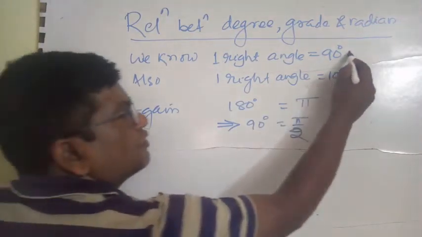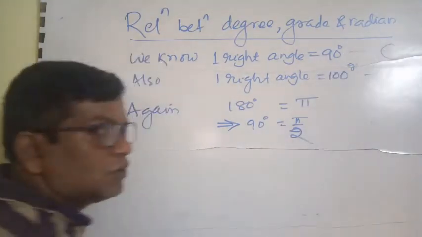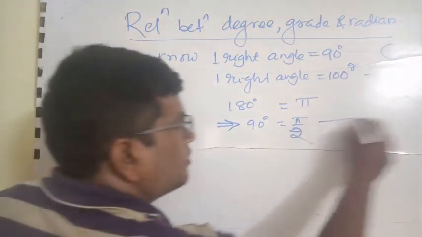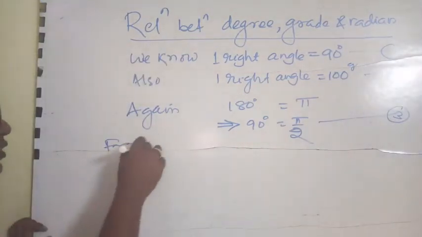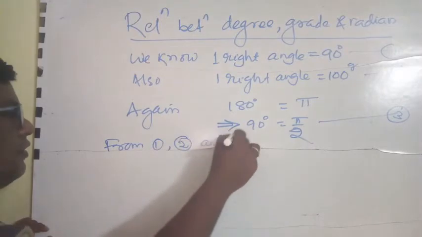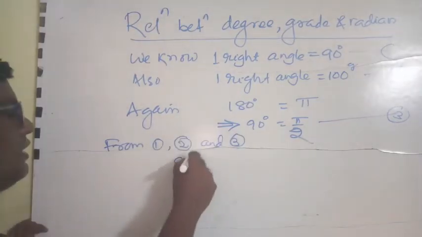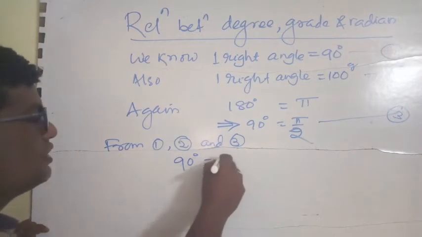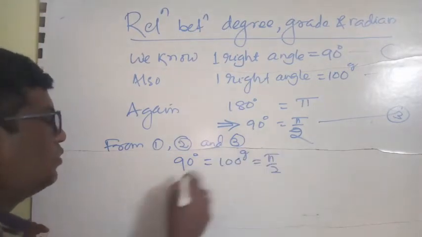Suppose this is equation 1, this is equation 2 and this is equation 3. From 1, 2 and 3 we get 90 degree is equal to 100 grade is equal to pi by 2 radian.